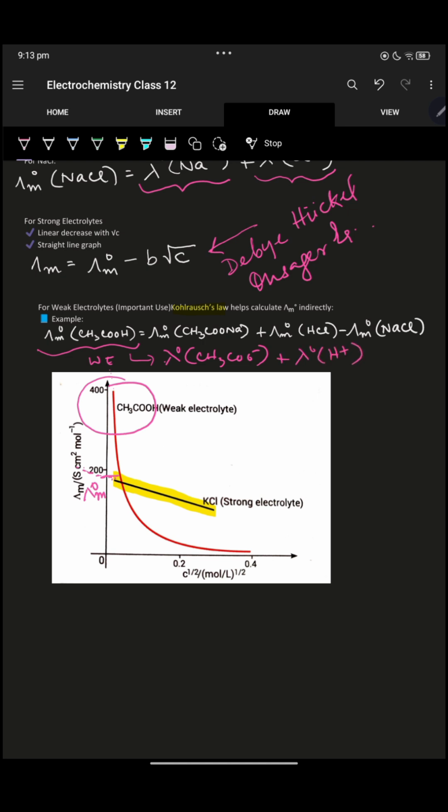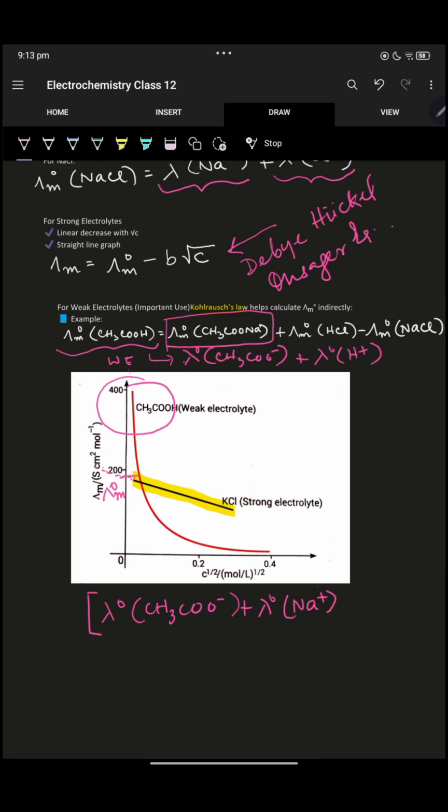But this value is obtained with the help of strong electrolytes. Like CH3COO minus will be obtained from lambda m naught of CH3COONa, where you will get lambda naught of CH3COO minus plus lambda naught of Na plus.